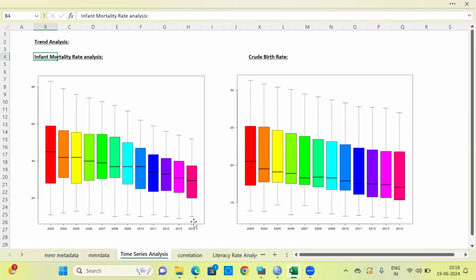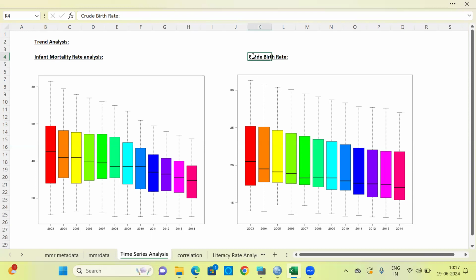There's a second observation that you can make, which is the size of the box plot. The size of the box plot gives you the total variation. So there was a high degree of variation in the infant mortality rate in the year 2003. By the time we come to 2014, the size of the box plot reduces, indicating that the variation in the infant mortality rate has reduced.